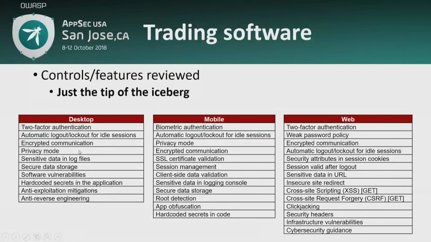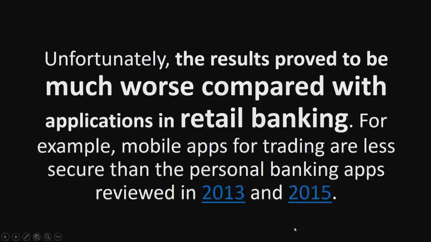Looking for encryption in communications, encryption in storage, password management, password policies, hard-coded secrets, biometric authentication, root detection, obfuscation, and in the websites, the things we all know, right? The basic ones, cross-site scripting, some security headers, etc.